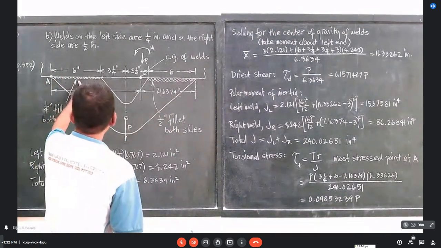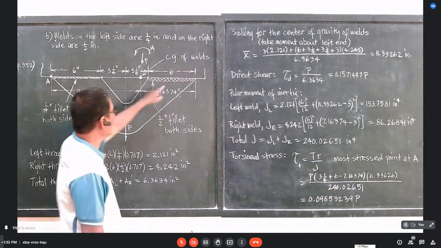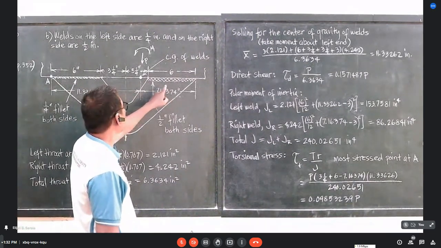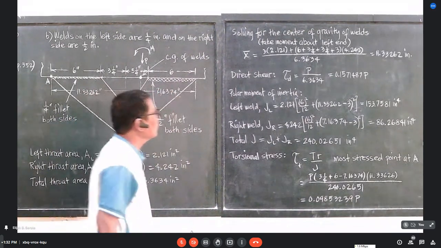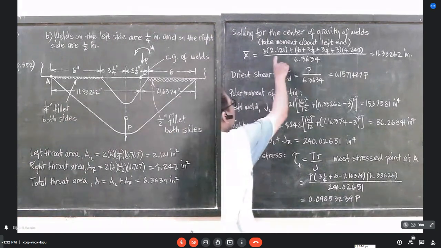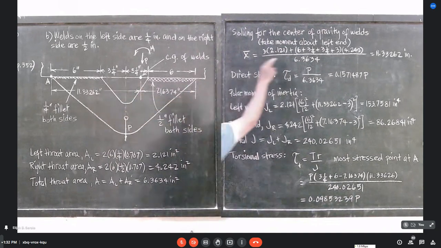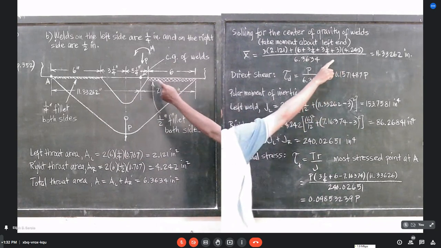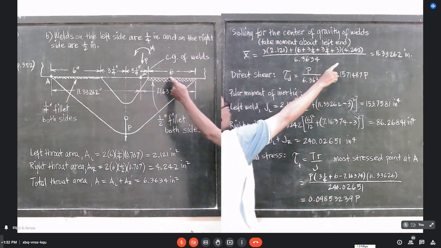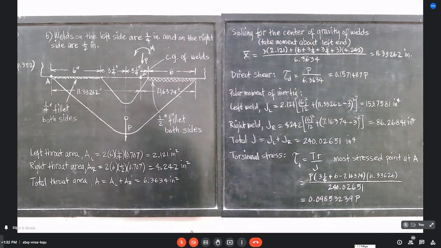So the distance from the reference for this is how much? 3. For this one, 6 plus 3/4 plus 3/4 plus 3. Do you understand this? 3 times this throat area plus 6 plus 3/4 plus 3/4 plus 3 up to the center here times throat area, over the total area.